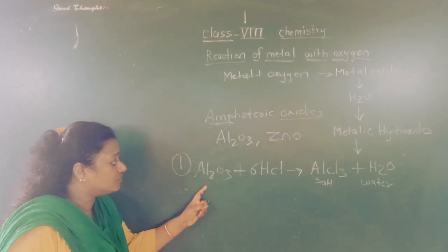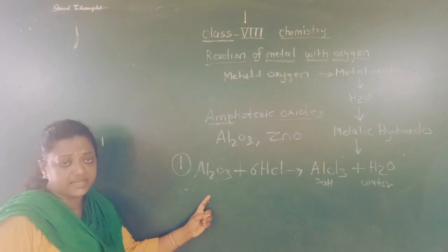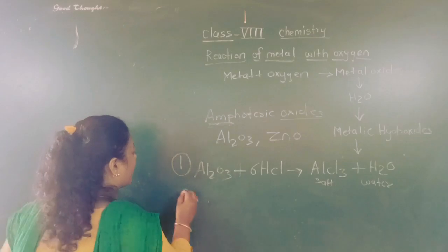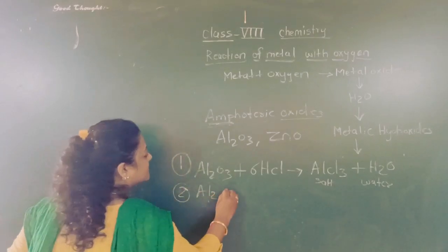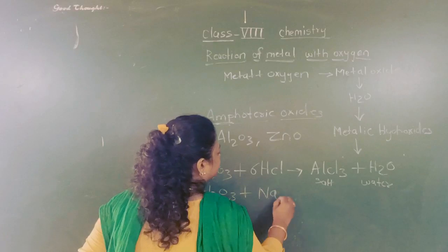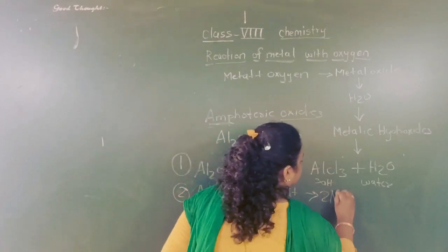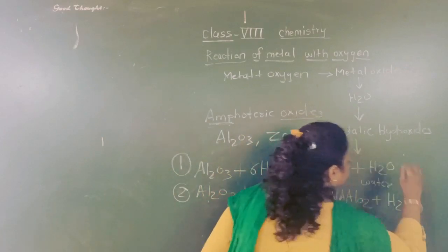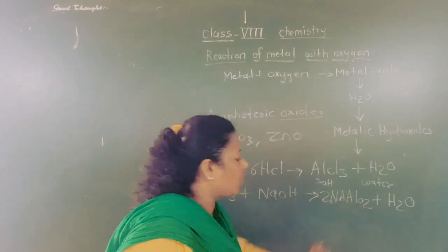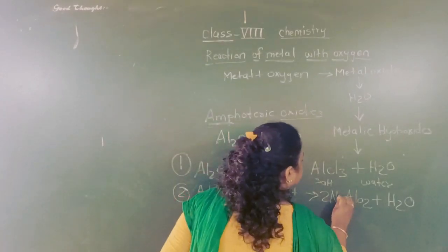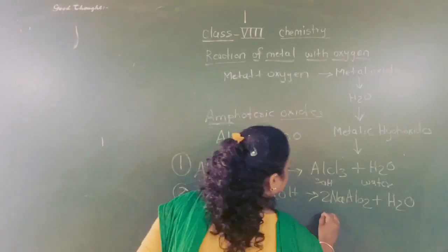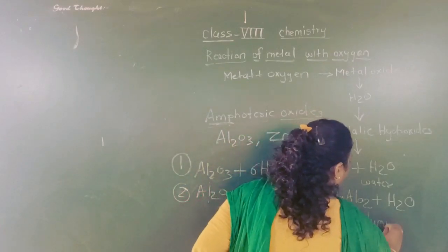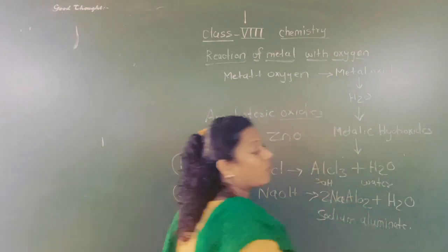Al2O3, aluminium oxide, behaves like a base when it reacts with acid. Now what happens when aluminium oxide reacts with base? Al2O3 plus 2NaOH gives 2NaAlO2 plus water. 2NaAlO2 is what?